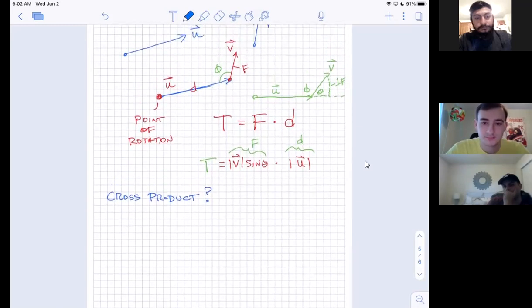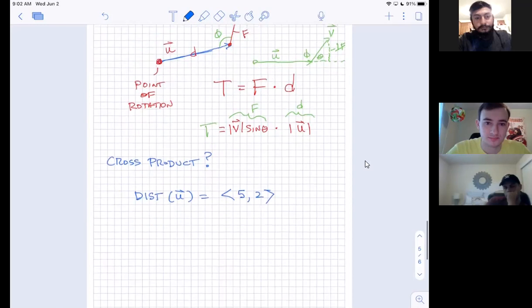So let's say that our distance vector, which I'll stick with u, let's say that's, I'll make it like the picture above, over 5 up 2. So there's our distance vector.